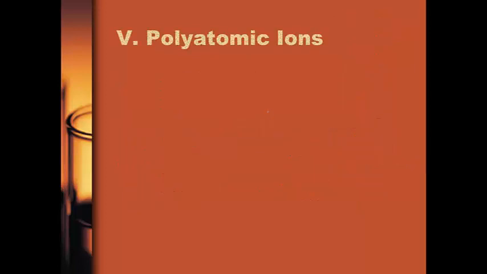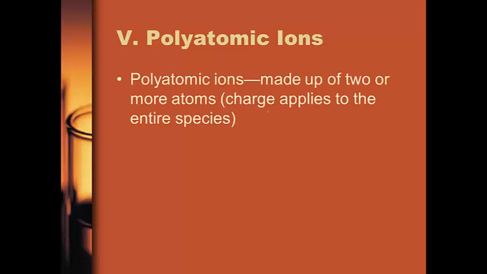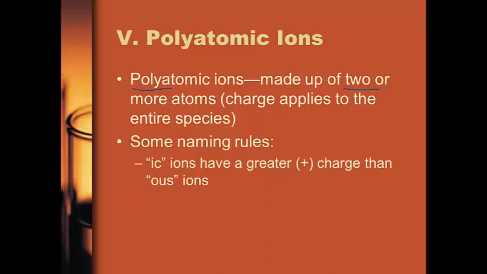Okay, now, polyatomic ions. For polyatomic ions, again, the name poly means many, so 2 or more atoms, and the charge applies to the entire species. Okay, some naming rules. Some of these you guys already know. These are not necessary for the polyatomic ones, but these are for the ones with multiple charges. If you have the ones with the -ic and the -ous, the -ic is always greater or larger, but that does not mean that they're always the same charge or that they're only one larger.